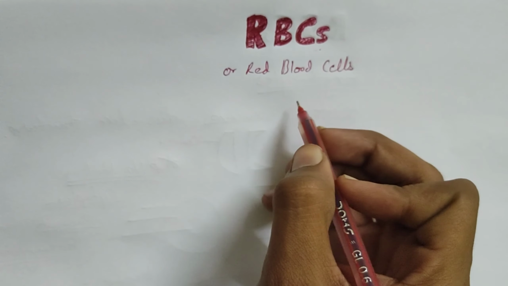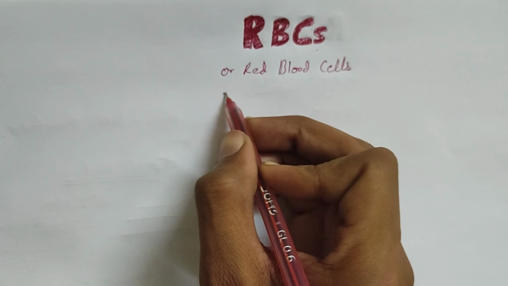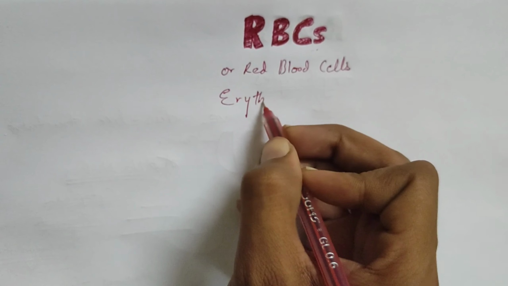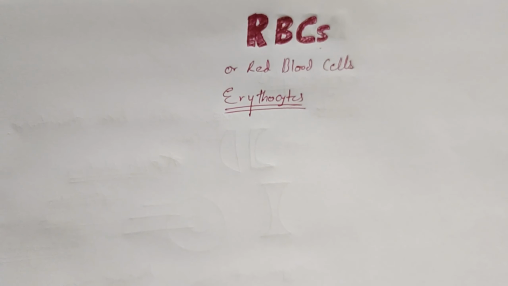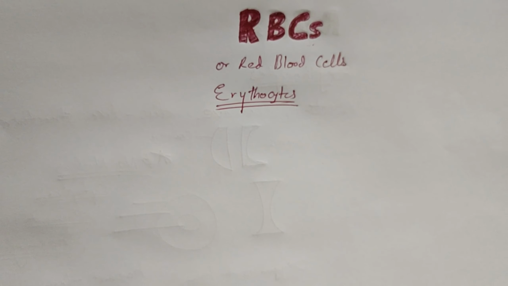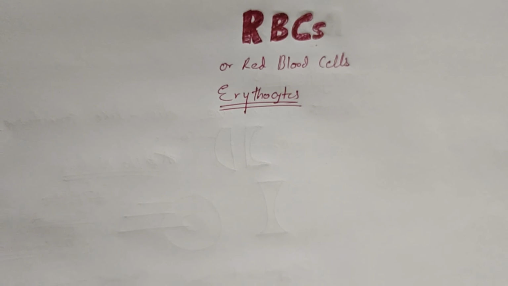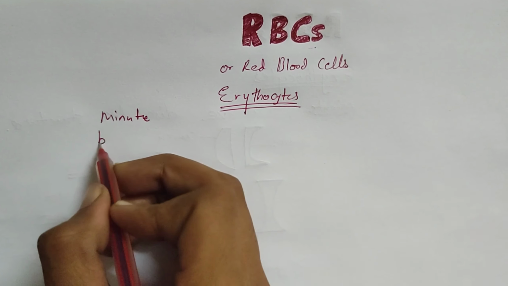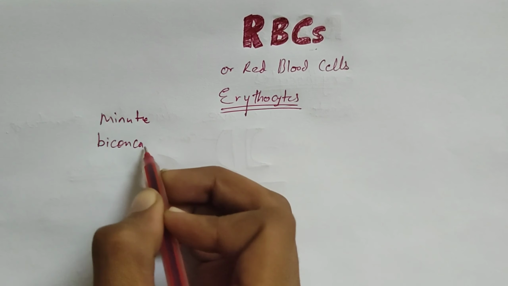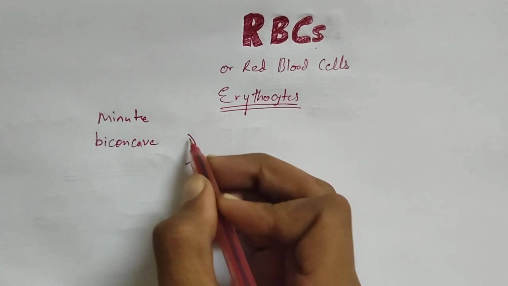The other name for RBCs is erythrocytes. If we discuss the structure of the RBC cells, it is very minute. It is biconcave. Biconcave means it is like this in structure.